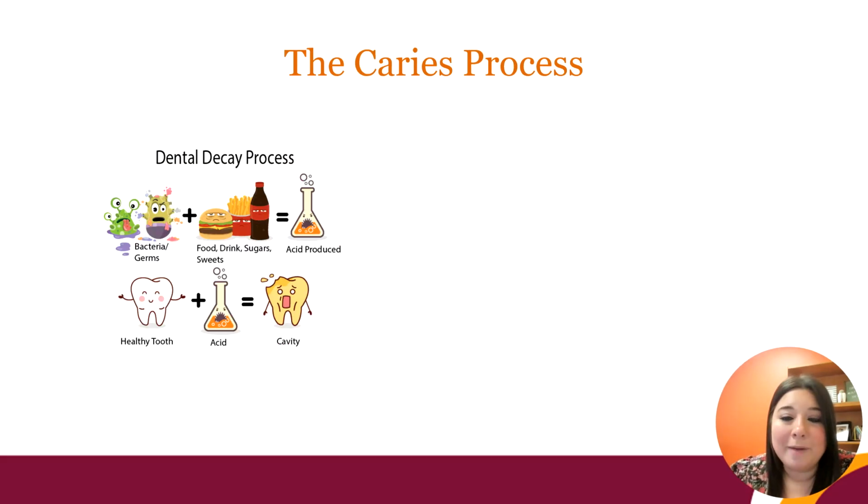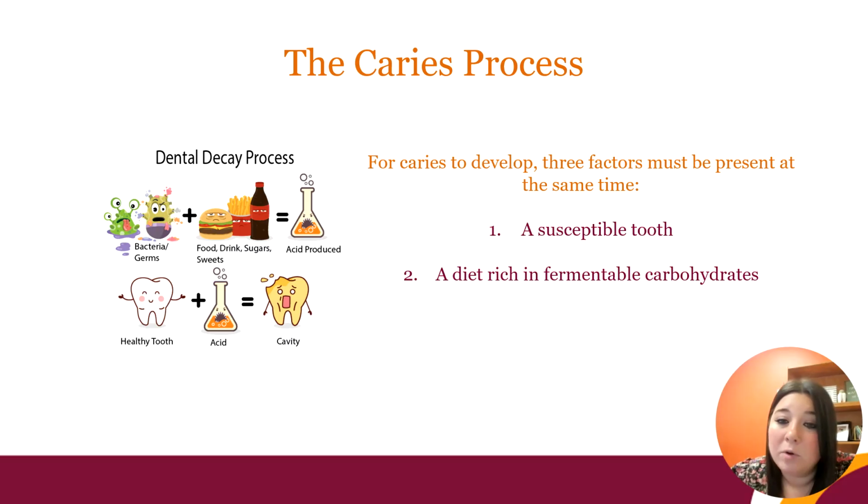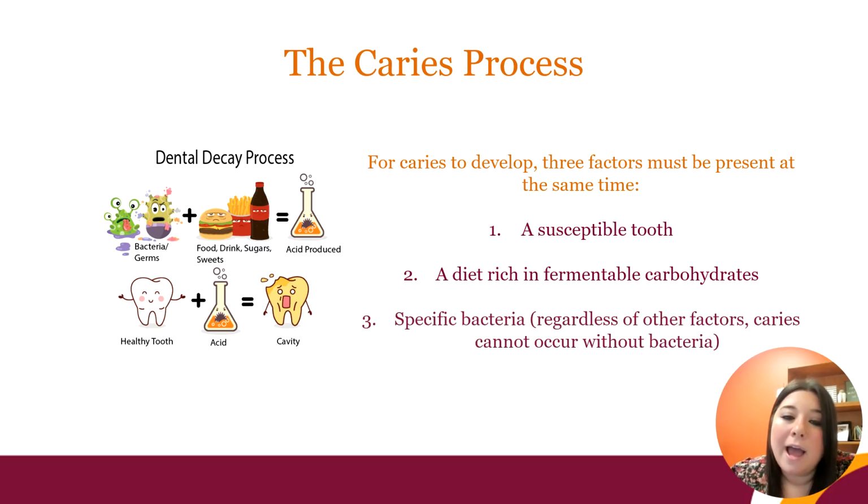So let's talk about the caries process. For caries to develop, 3 factors must be present at the same time. They all have to be present together. Number 1, a susceptible tooth. Number 2, a diet rich in fermentable carbohydrates, or sugar. And number 3, specific bacteria. So even if numbers 1 and 2 are present, if that decay-causing bacteria is not in the patient's mouth, they can't get decay.